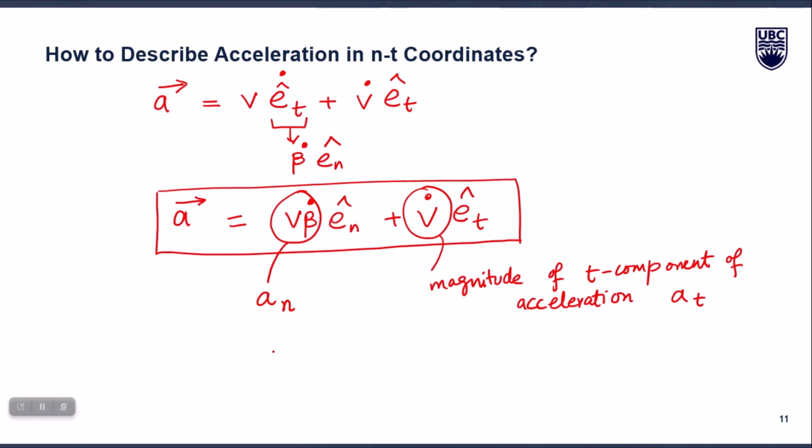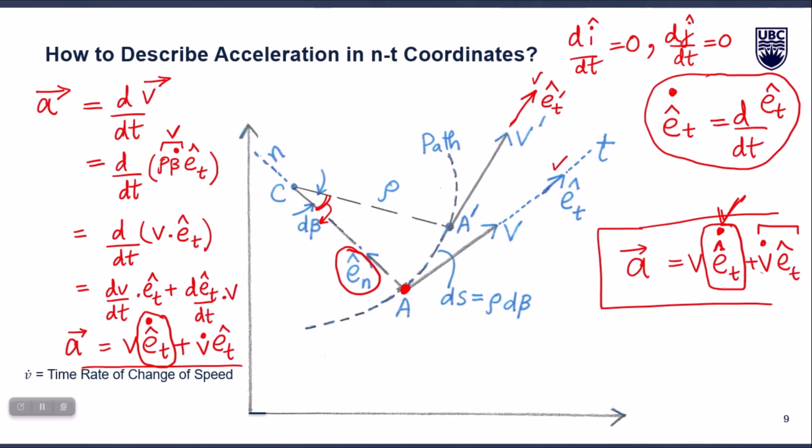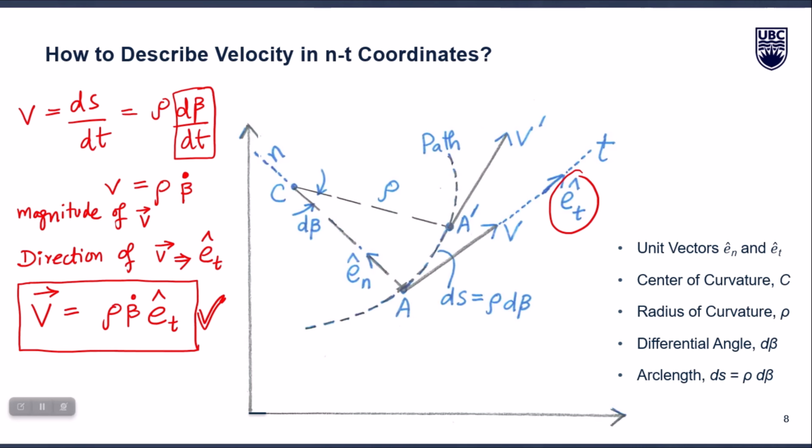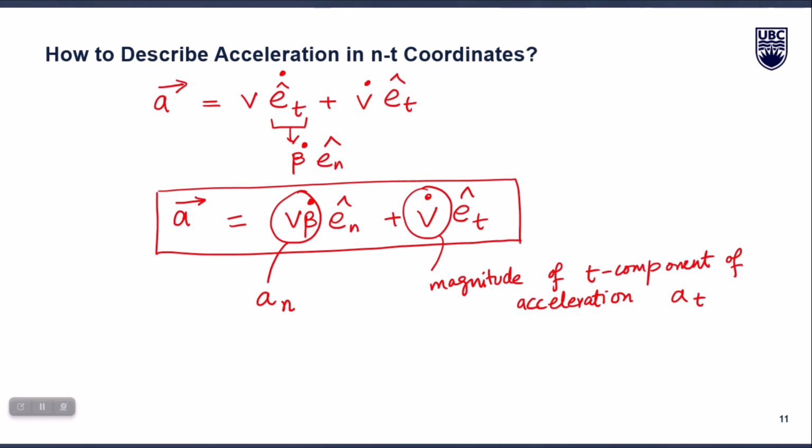for example, in the velocity case, if you remember, we wrote v in the last slide. So you remember that v is equal to rho beta dot. The magnitude of velocity will be rho times beta dot. So let's use that equation here to come up with more variations of the same equation.